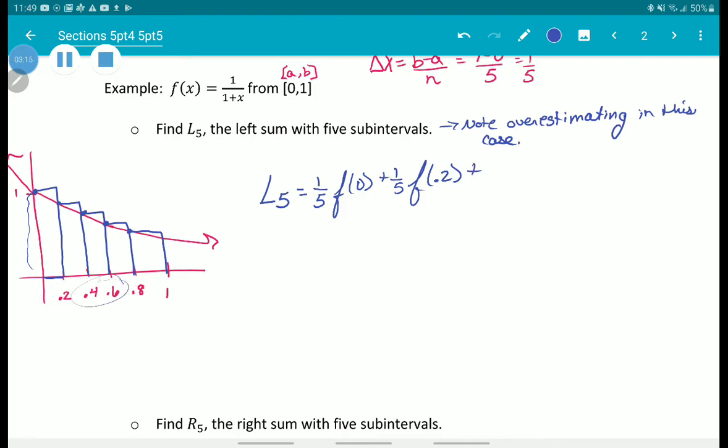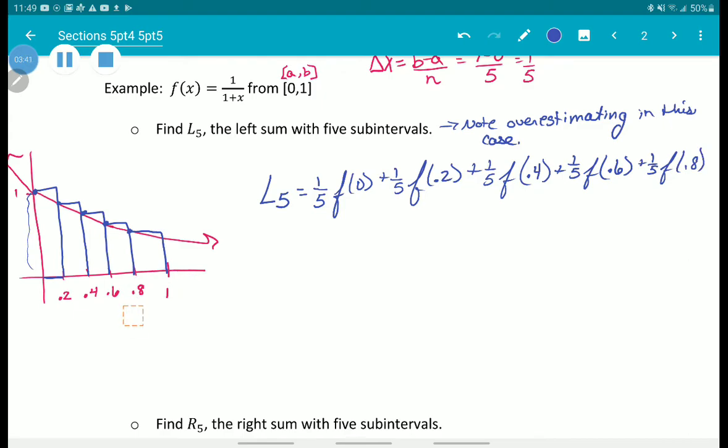The third rectangle is going to depend on the height at 0.4. The fourth is going to depend on the height at 0.6. And then the last is going to depend on the height at 0.8, since that's the left endpoint for that interval.